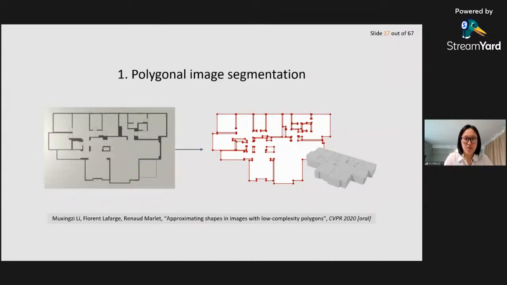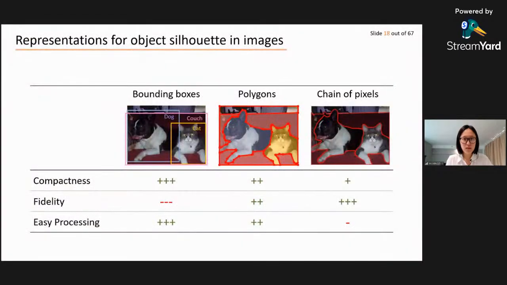Now, I will introduce my algorithm for the task of polygonal image segmentation. This algorithm is designed to be generic and can be applied to converting a raster floor plan image into a vectorized form. Various ways exist for representing object silhouettes.